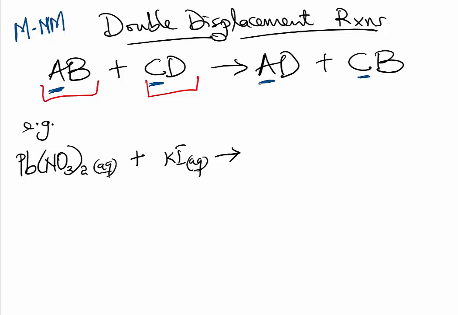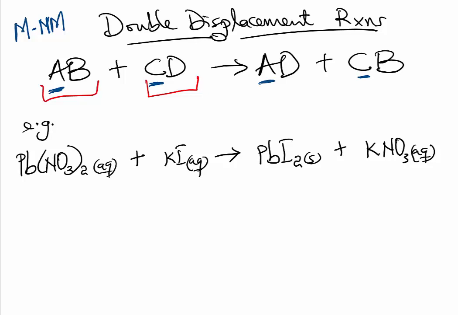Both of them will exchange their partners, and you will end up with lead 2 iodide, which is actually not soluble in water, and potassium nitrate, which is also very soluble in water. This is the first question you probably are thinking about. How do I know what is soluble and what is not? We will learn about precipitation reactions later.